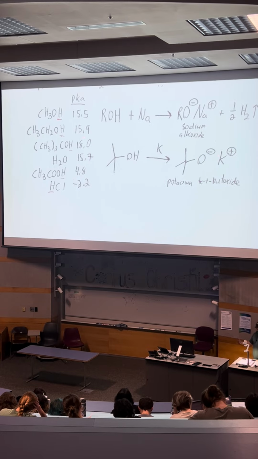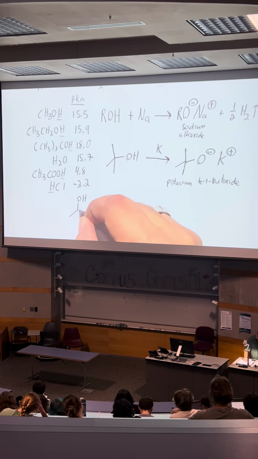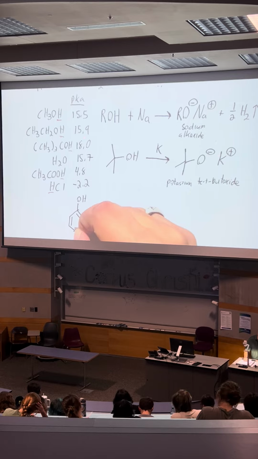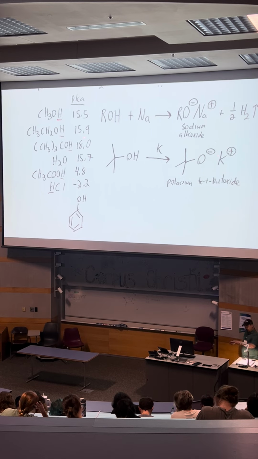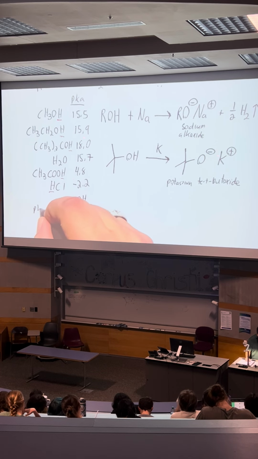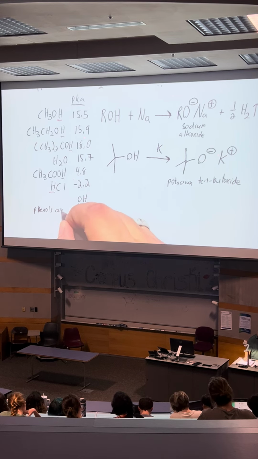Now, of the alcohols, and shifting gears here, the aromatic alcohols, in which the hydroxyl group is directly attached to the aromatic ring, these ones are the most acidic. I write that here, phenols are more acidic.